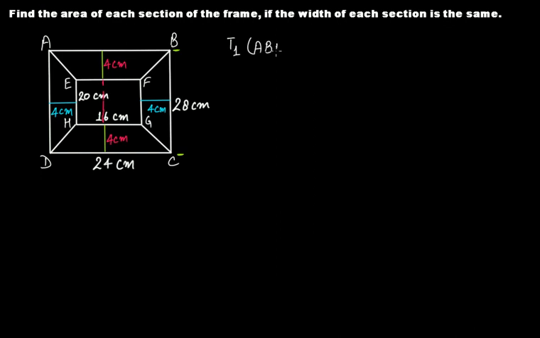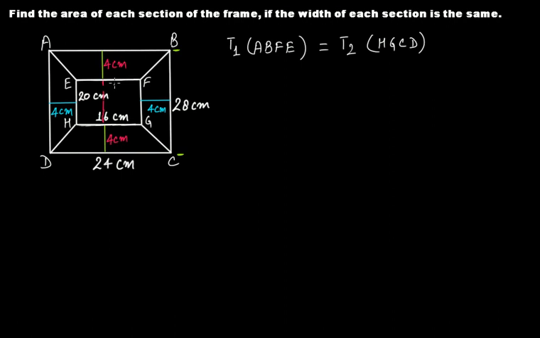Trapezium 1 is actually ABFE, and if you look closely, the area of this trapezium will be equal to the area of this trapezium, let's call it T2, that is HGCD. And why? Because if the smaller of the 2 parallel sides is 16 centimeter in this case, in this case it's also 16.